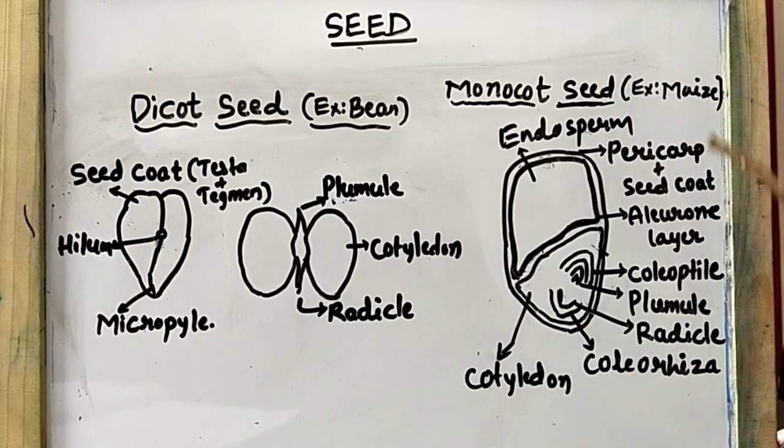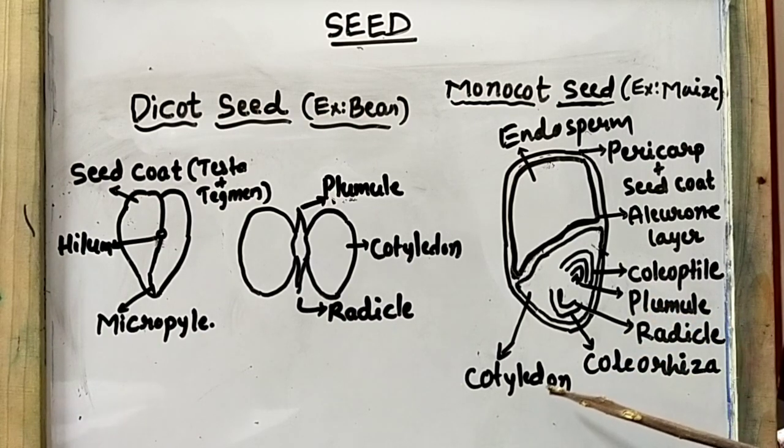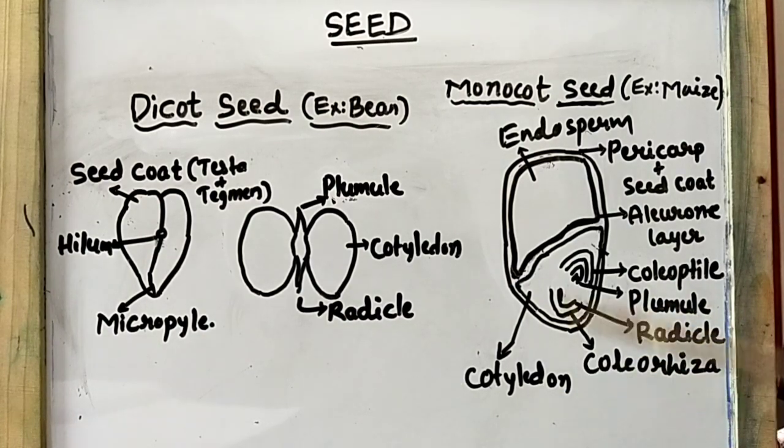So these are the different parts present in the monocot seed.